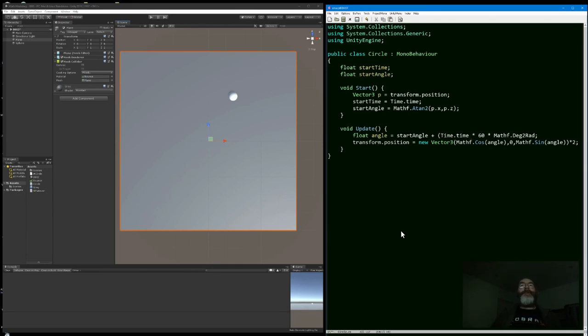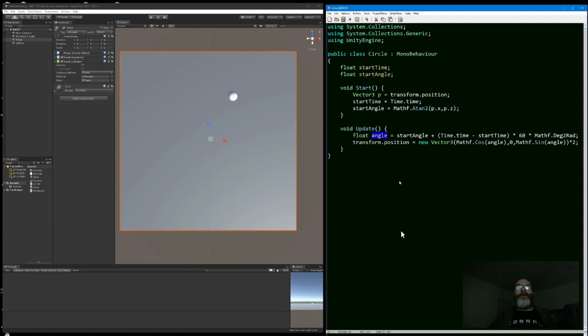Take the current time, subtract from it the start time, multiply it by 60, which is the speed in degrees per second, and there's my degrees to radians, because angle is going to be in radians, and then I pass that in to my function. Does that all make sense? You think, yeah, that makes sense.